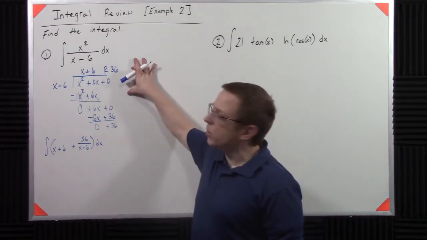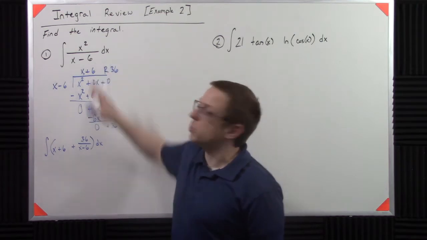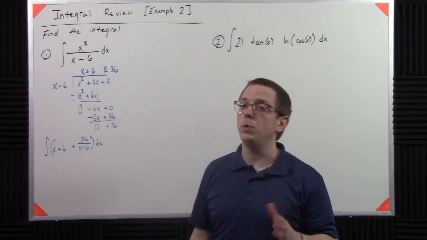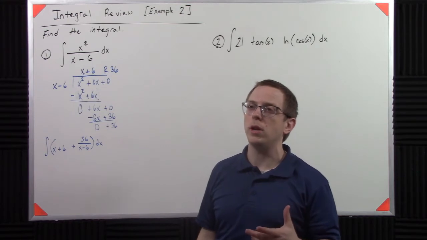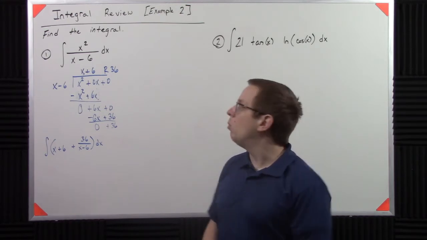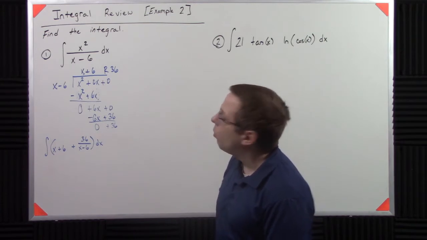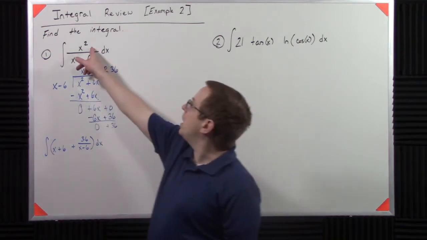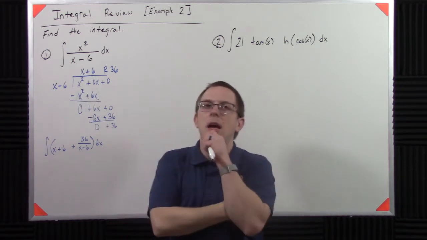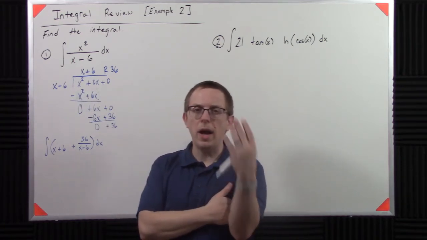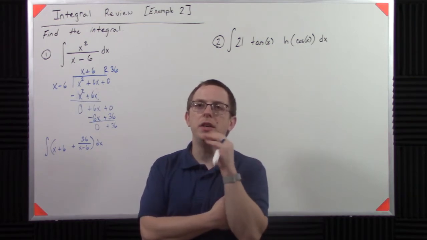With a little board space, I'm going to show you how you can get this with the plus minus method. But you have to be clever. That's the problem. To do this, you actually have to be clever. What if I have an x squared up here and an x minus 6 there? What would I have to multiply to get a difference of squares?